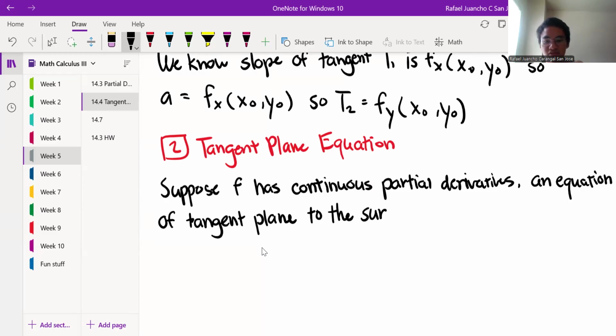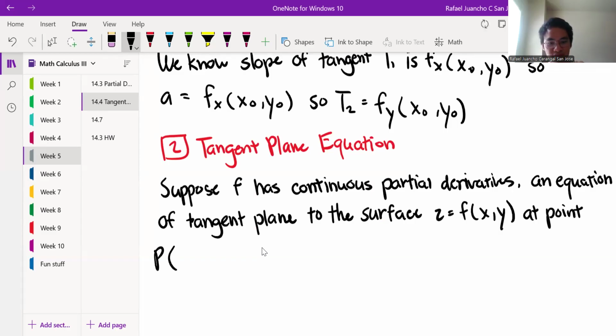Let's say the surface has this explicit z equals f of x y, right? And yeah, so it's tangent to a particular point. And let's say this point is P. So we have x naught, y naught, z naught.